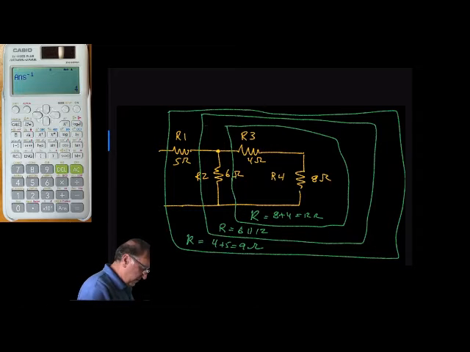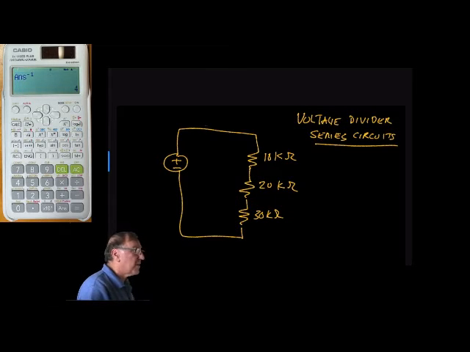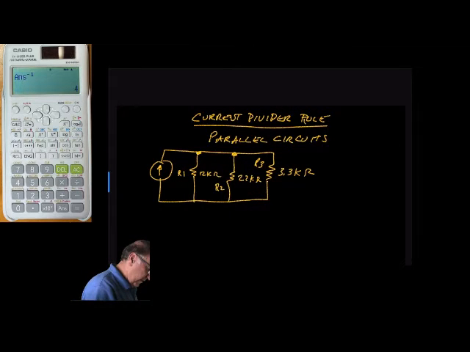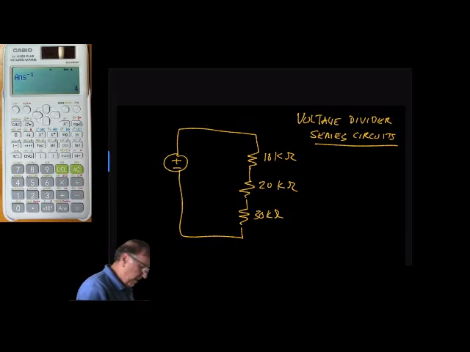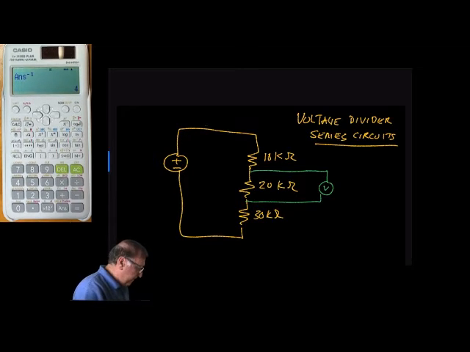Okay, now let's talk about voltage dividers. So first we'll talk about a voltage divider with a series circuit. So we have this simple circuit. We have a power source. We have 3 resistors in series. And our objective will be to determine the voltage across the 20k ohm. So put a voltmeter in here, like so.